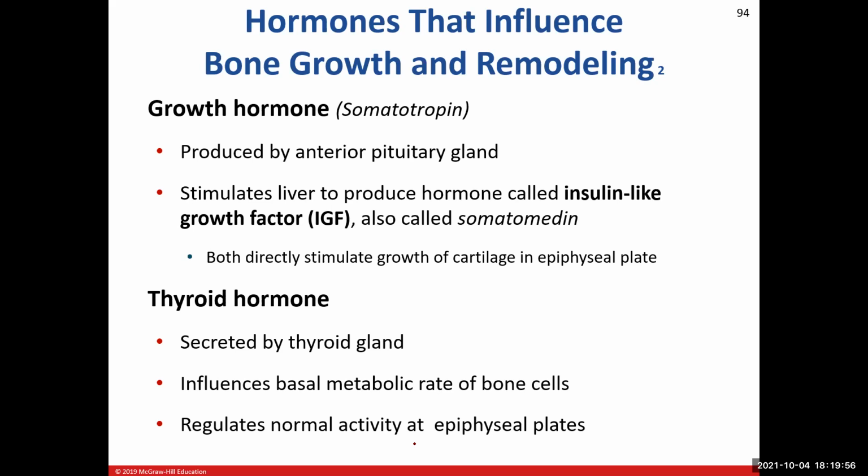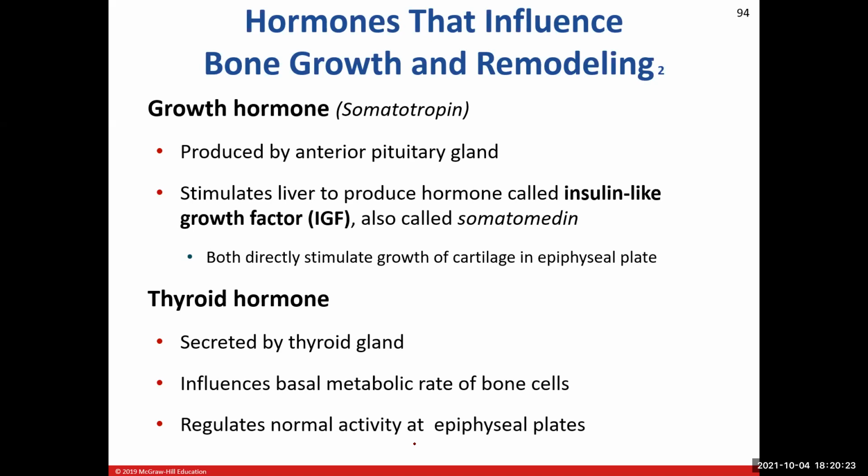Once we increase our cartilage cells and they start to enlarge, the rest will occur. Those cells are going to eventually calcify and then they'll die. Then our bone tissue will replace that degenerated calcified cartilage matrix. So both of these hormones stimulate the growth of cartilage at the epiphyseal plate. That helps you to grow, get taller.